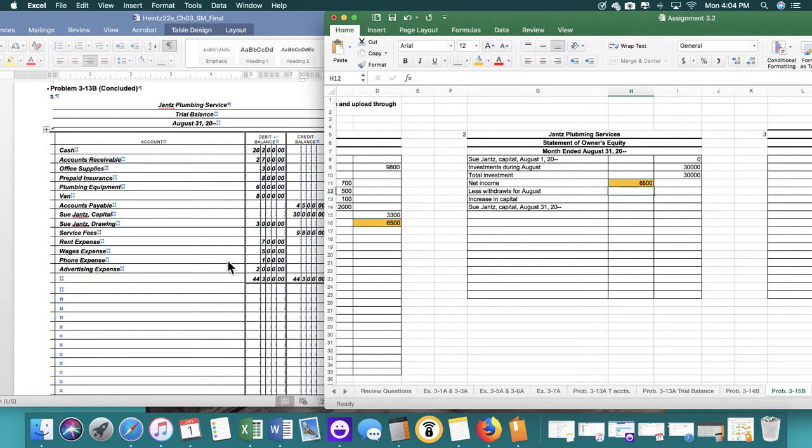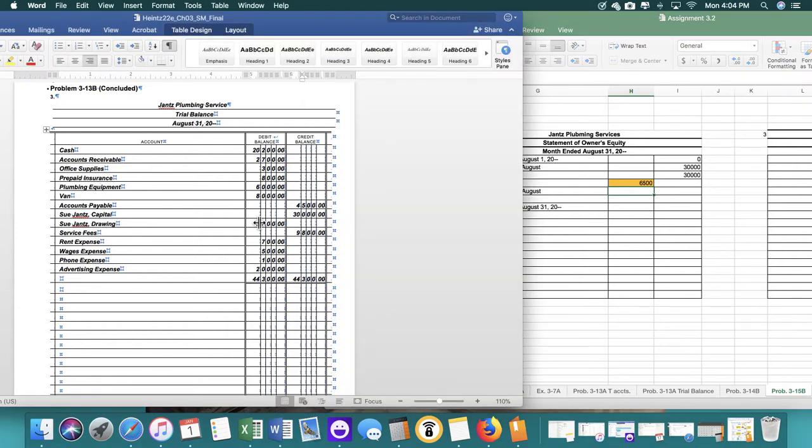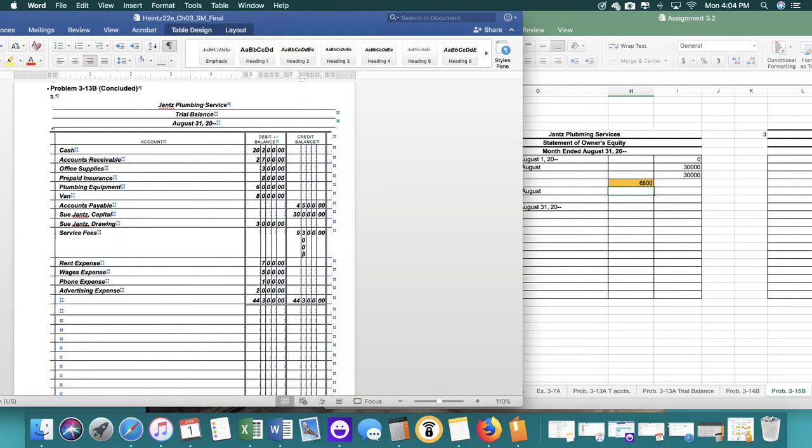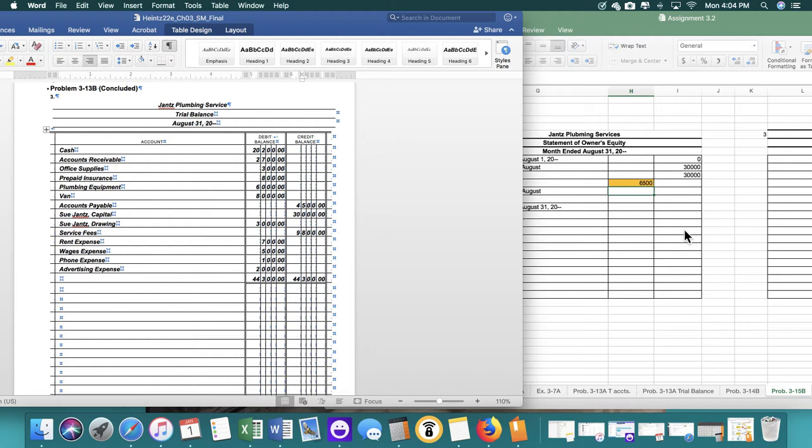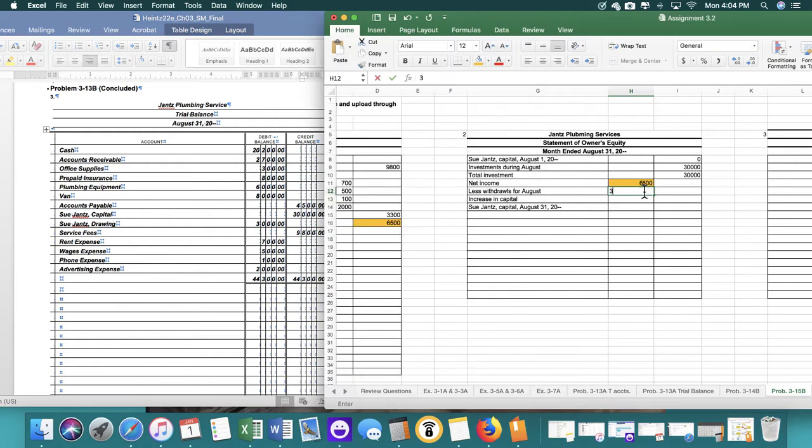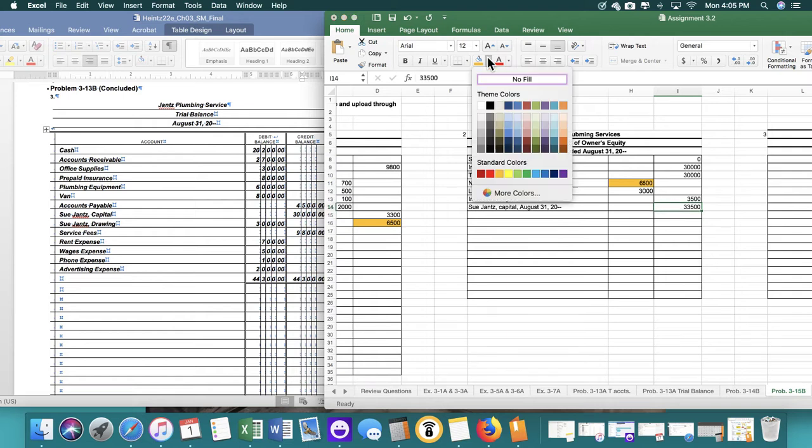The withdrawal that the owner took out was $3,000. Oops. So our increase in capital is $3,500. So that makes our capital $33,500.